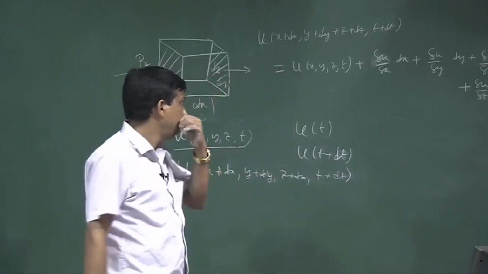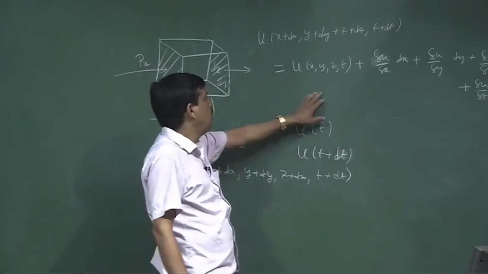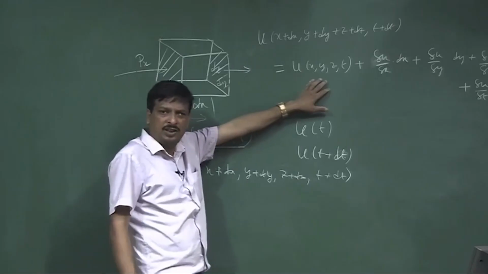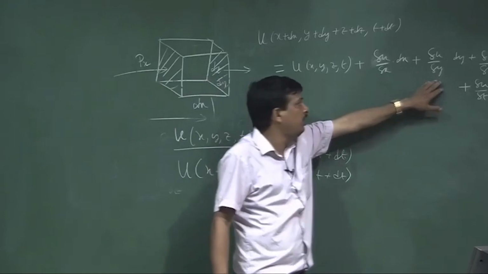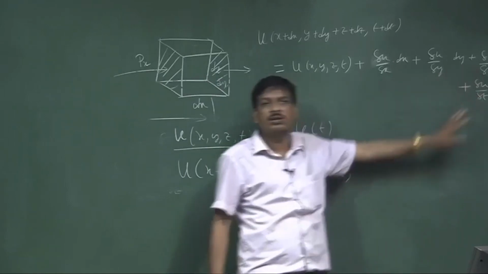So, it is the initial velocity plus the change of velocity due to x direction, y direction, z direction and time.